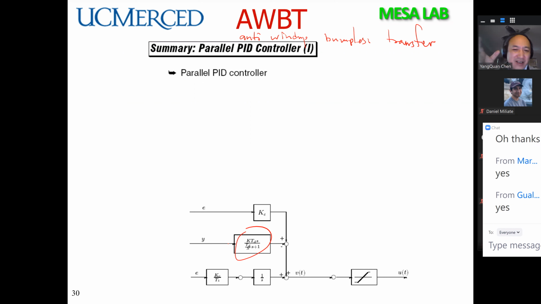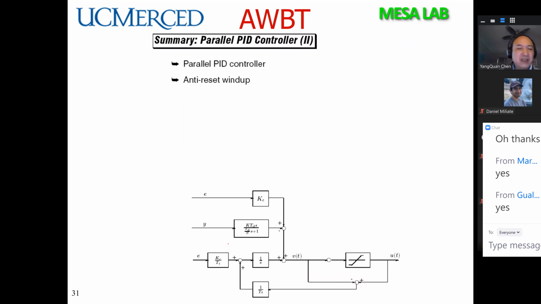That's what my former student spent 30, 40 days debugging and could not figure out until I took a closer look. I said, oh, did you add anti-windup? He said, what is anti-windup? I knew he was stuck there. So you have to put in this anti-windup.